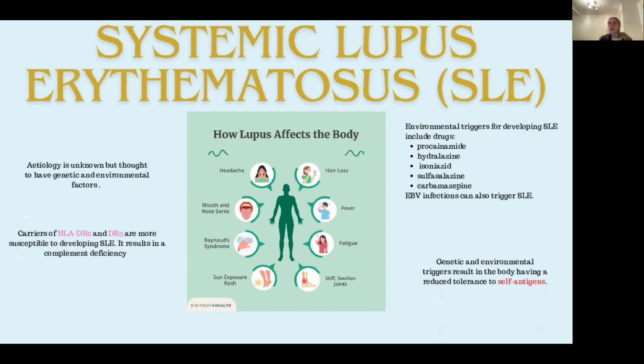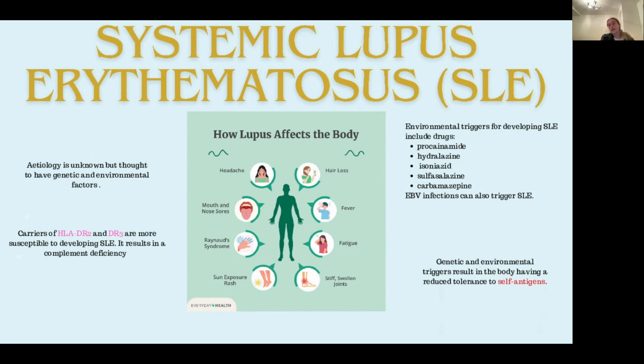Also, environmental factors can include drugs. So certain drugs can trigger you to develop SLE. So these are procainamide, hydralazine, isoniazid, sulfasalazine, and carbamazepine. So those are really good drugs to remember to pick up in an MCQ as well. EBV infections can also trigger SLE.